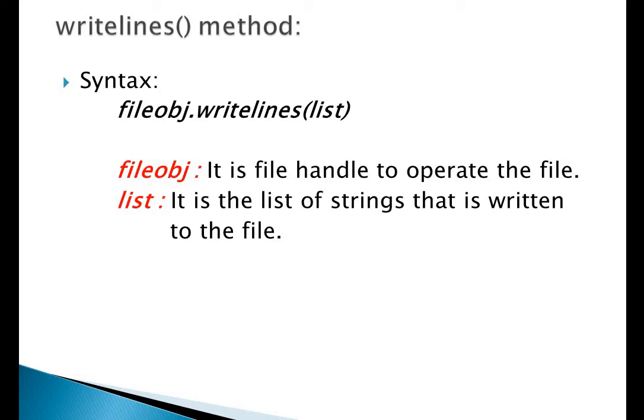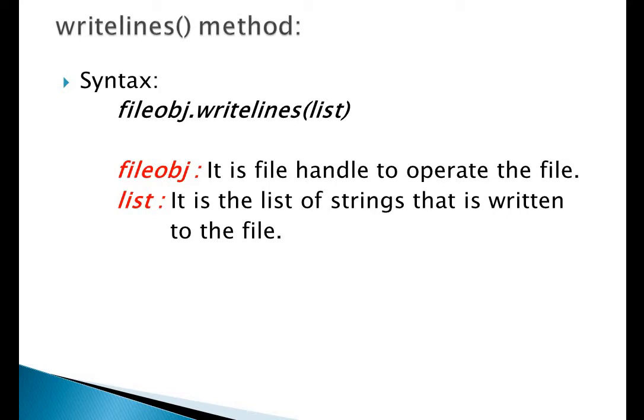We will see this using one example. So just observe this statement. File object is used to call the writelines function, and it accepts list members. This list is containing multiple string elements. So list is the collection of objects, list is the collection of elements.